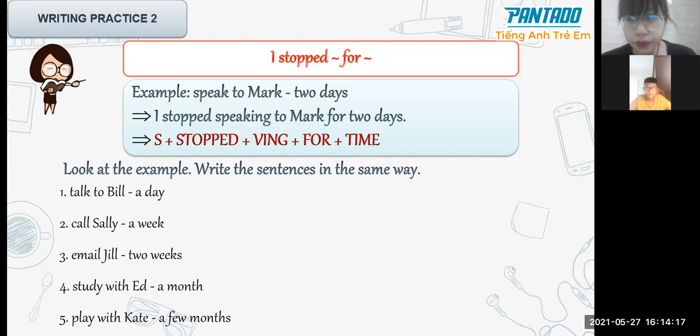Okay, got it? Okay, so now it's time for you to note down the structure and also the example. We will do the practice later.